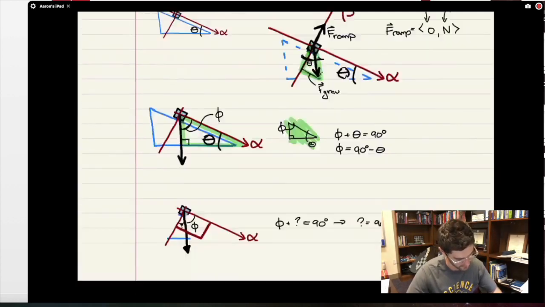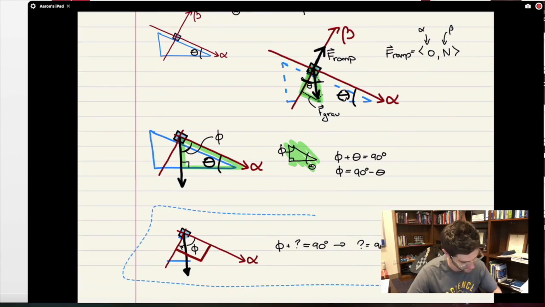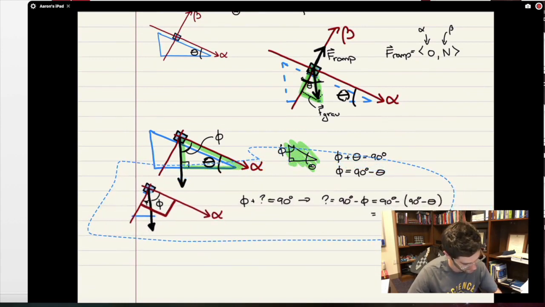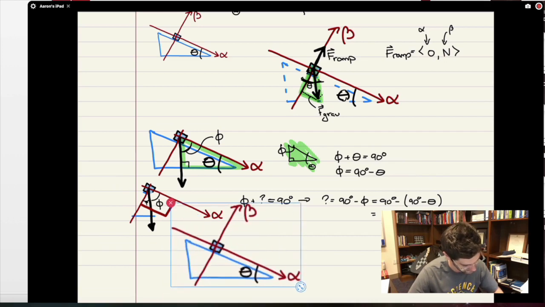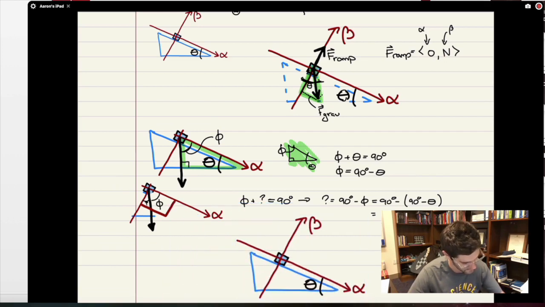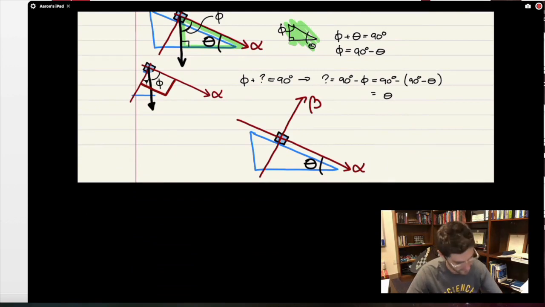So indeed, if I, let me move this up. If I paste it yet again, what did we just show? We just showed that if I were to draw a vertical line straight down, that this angle here is also theta.